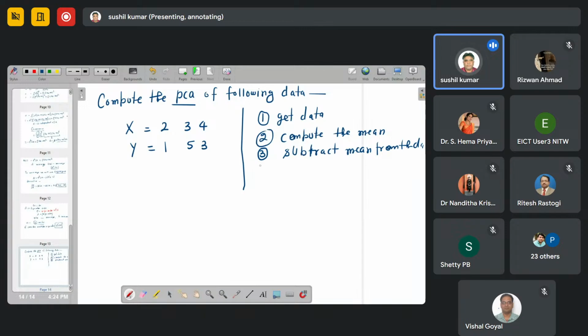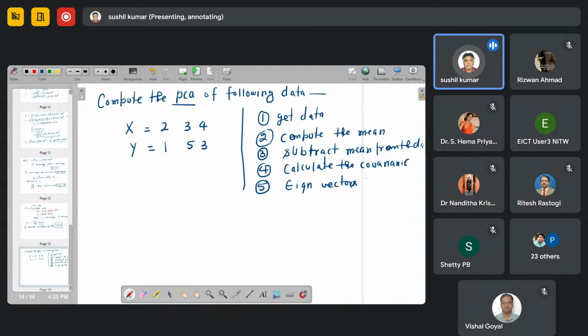Fourth step: calculate the covariance matrix. Fifth: calculate the eigenvectors.